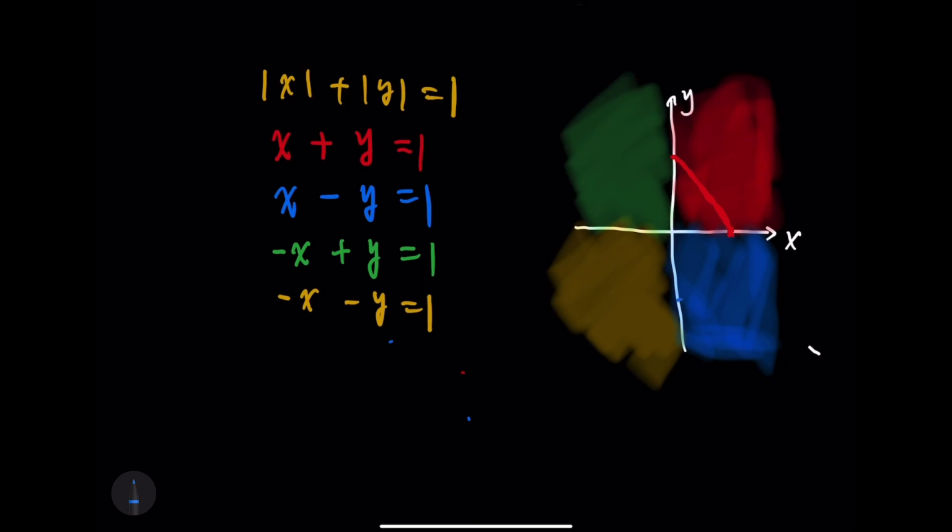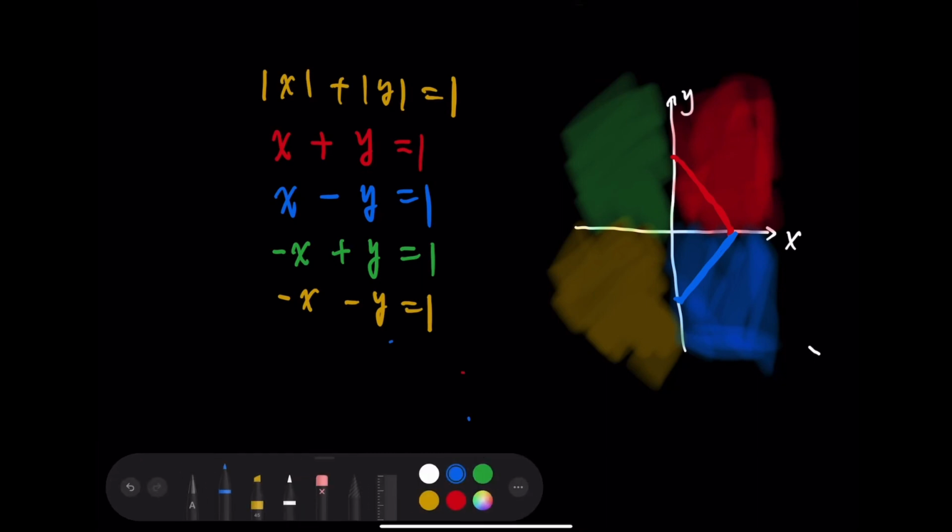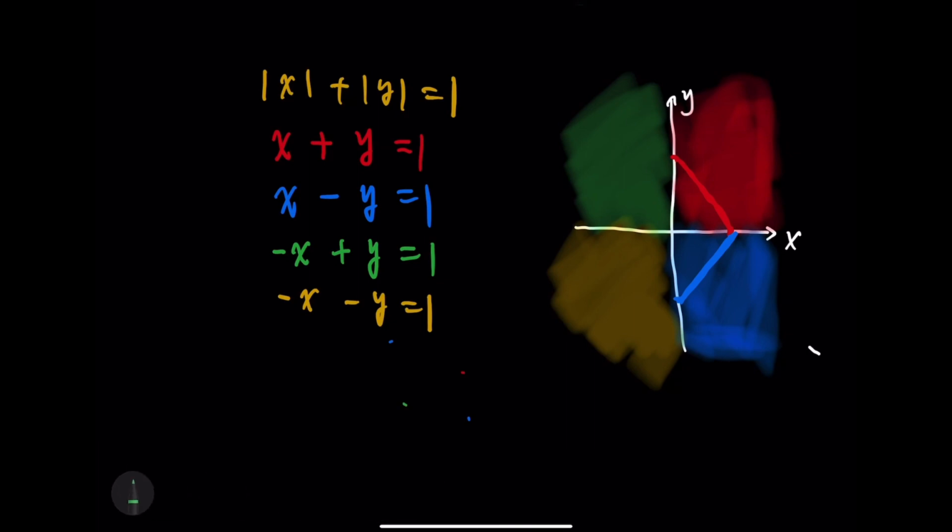So that's the blue section here. So it's going to be this one. And then the next one, I'm going to do the green section. The green section has x-intercept -1, y-intercept +1. So that's going to be my green section.